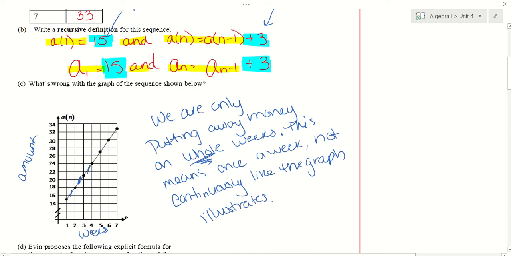Because the graph, as soon as you connect those points, you're telling me I put money away continuously every single day throughout the week. No, I didn't. I only put money away every single week, once a week. That's why we cannot connect the points.